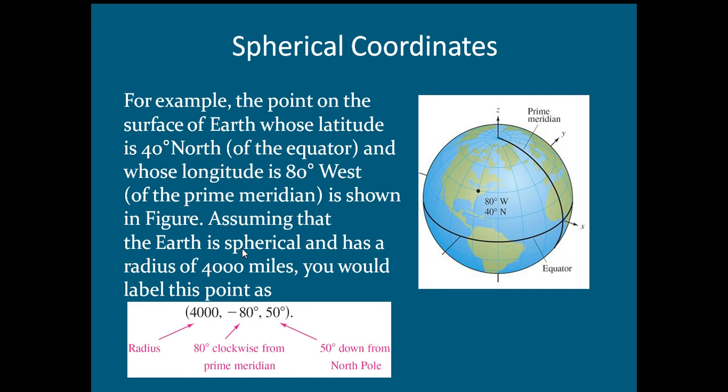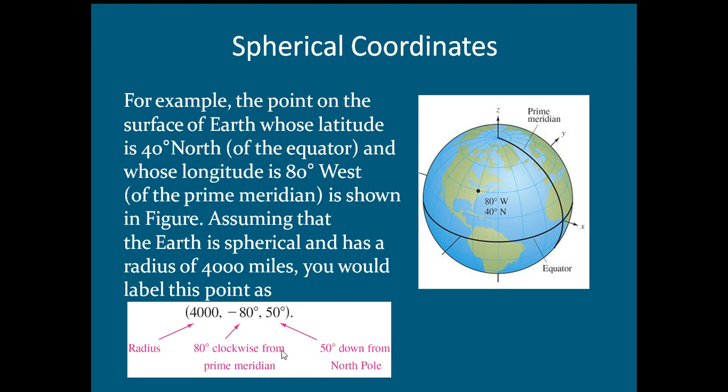Assuming that the Earth is spherical and has a radius of 4000 miles, you would label this point with radius 4000. As far as Earth is concerned, this radius is going to be the same for all the points on the surface of the Earth. Whether you go here or here, your r is not going to change, because the radius of Earth we consider to be the same.